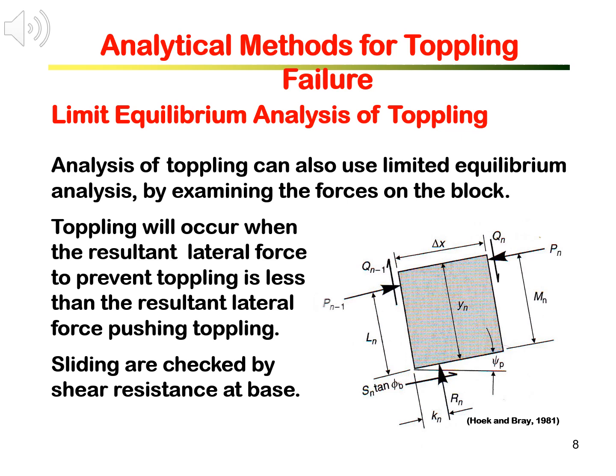Toppling will occur when the resultant lateral force preventing toppling is less than the resultant lateral force driving toppling about the rotating corner. Sliding is checked by the sliding driving force and the sliding resisting force, including the shear resistance at the base.